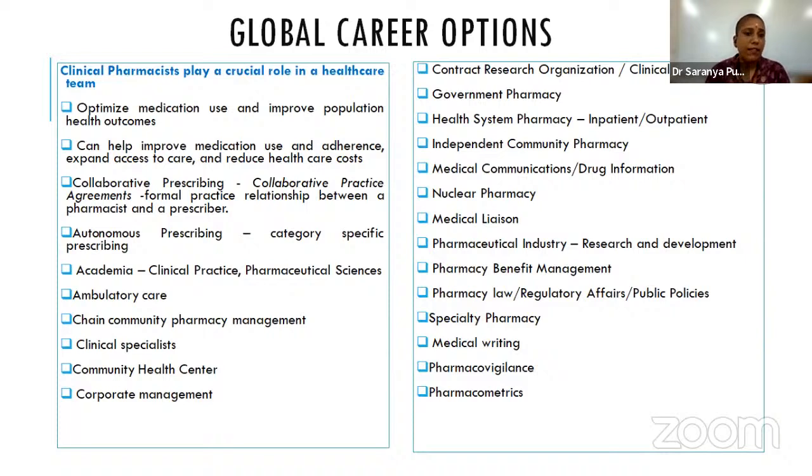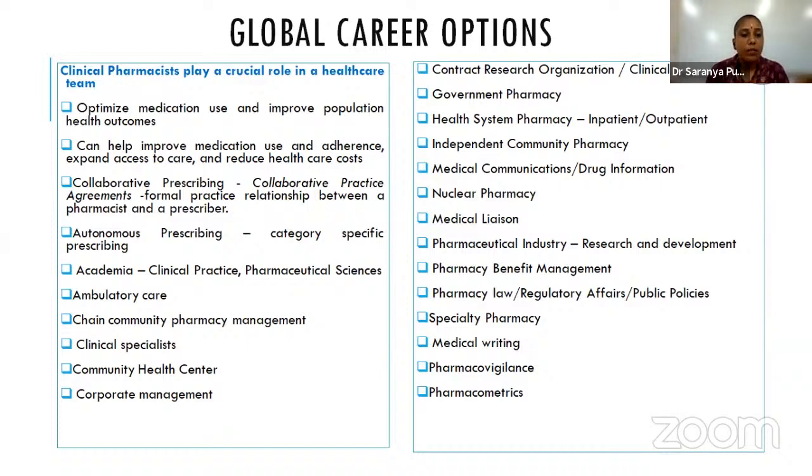Globally, clinical pharmacists also practice collaborative prescribing. In countries where licensure is examined and governed by regulatory authorities, for example Canada, USA, and Australia, there are collaborative practice agreements, a formal practice relationship between a pharmacist and the prescriber.